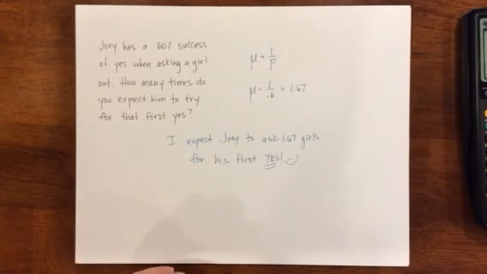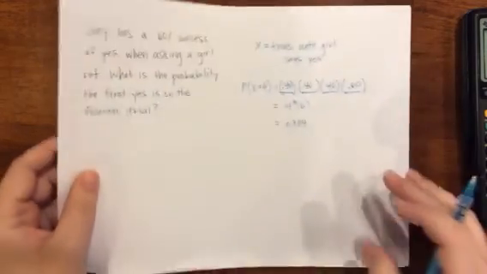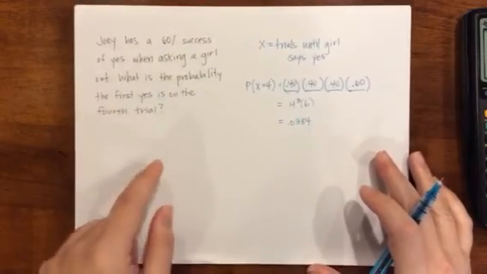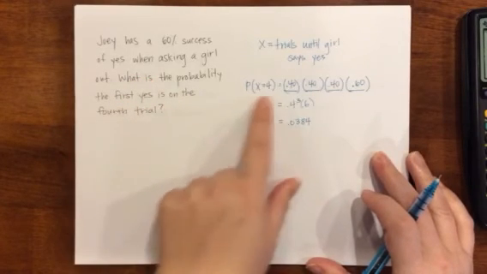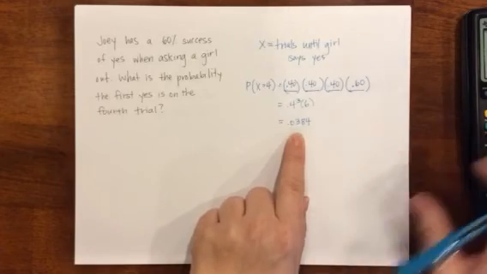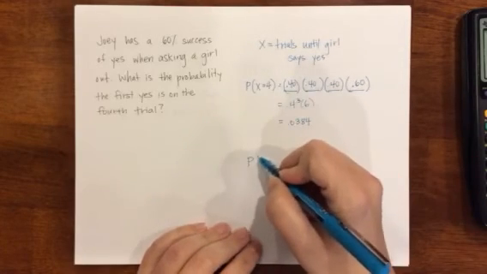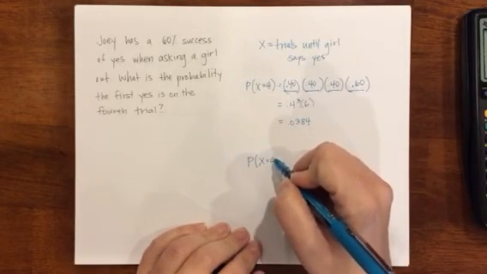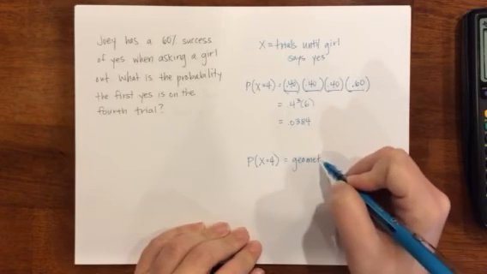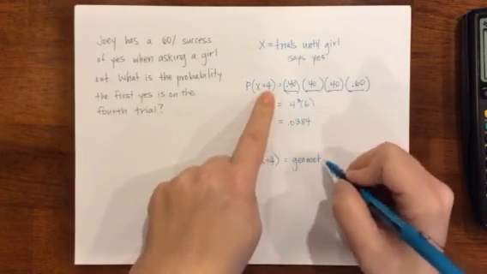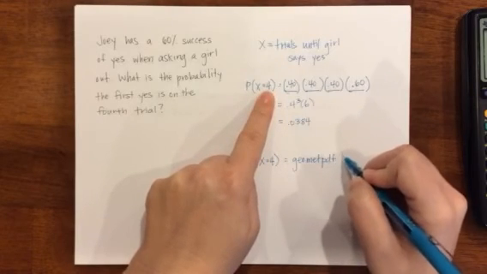I just realized I didn't show you how to do geometric PDF, so I'm going to go back really quick. So this was the question about what's the probability that he gets his first yes on the 4th trial, and we did it by hand, but I know a lot of you like the calculator, so let me show you really quick. I forgot to do that. In this case, it's just one number, so we're just going to do PDF.